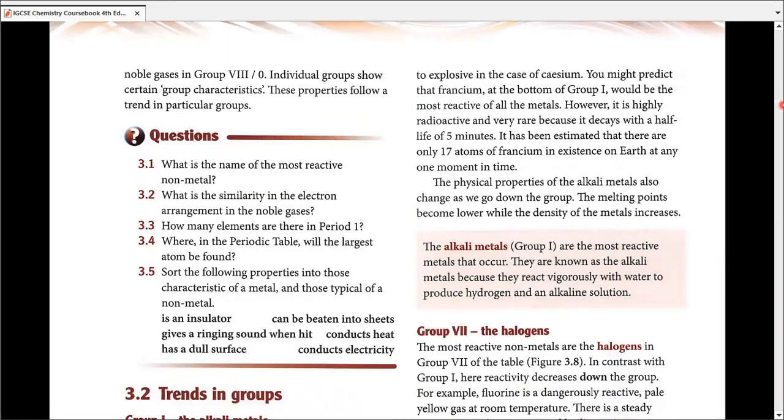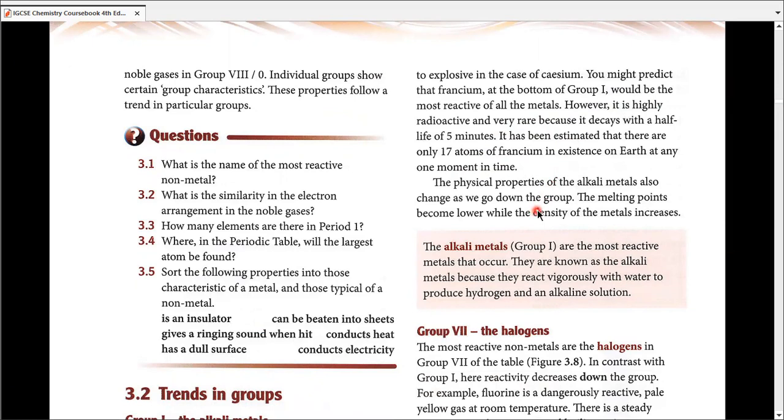Now he talks about francium, which is in group 1, which is radioactive, very rare, half-life of 5 minutes, and decays too quickly for us to store. And the 17 atoms of francium are in existence at any moment, and this is so rare that we cannot put it into some good use.